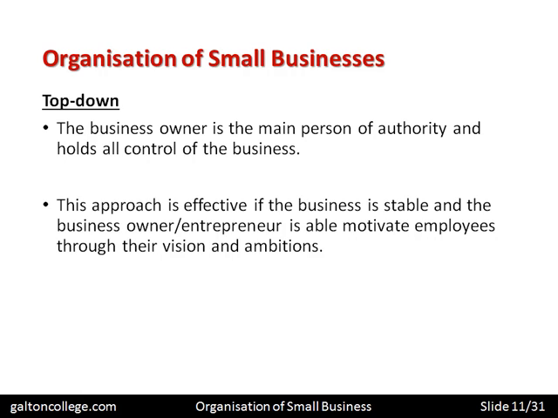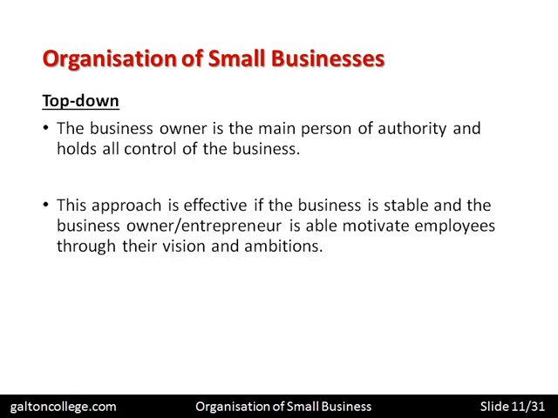And that is the problem with top-down, that the subordinates, the workers under that person, may find it difficult to accept orders, or may not see the logic in the orders, may not relate to what is required.